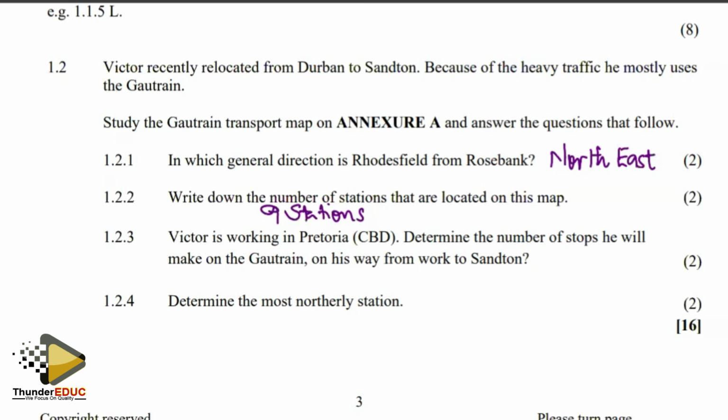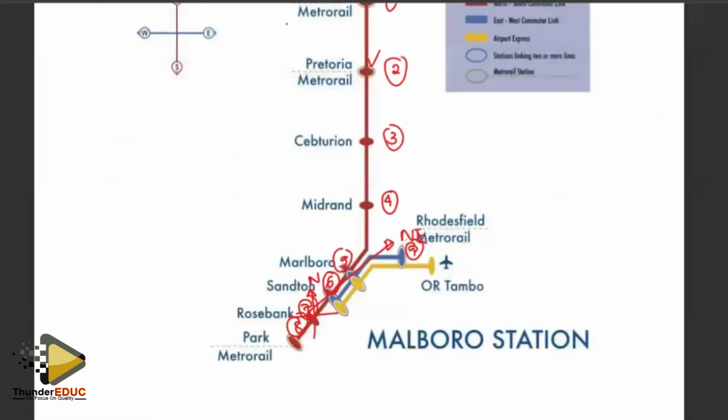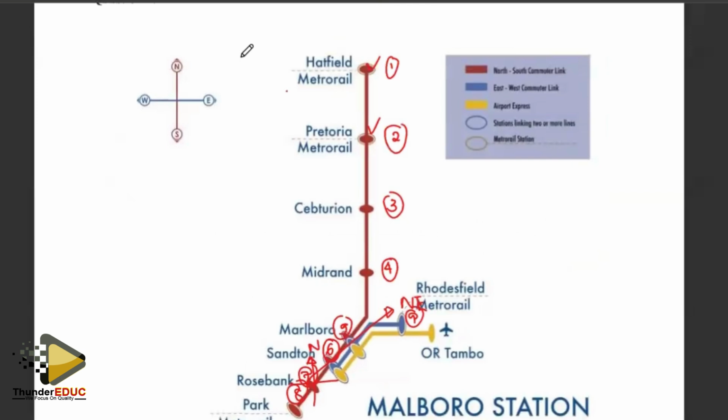Victor is working in Pretoria CBD. Determine the number of stops he will make on the Gautrain on his way from work to Sandton. So he works in Pretoria. So here we are. How many stops are we going to see?